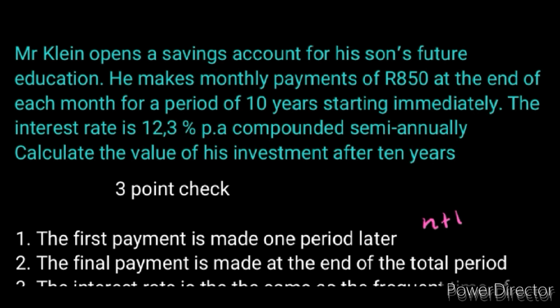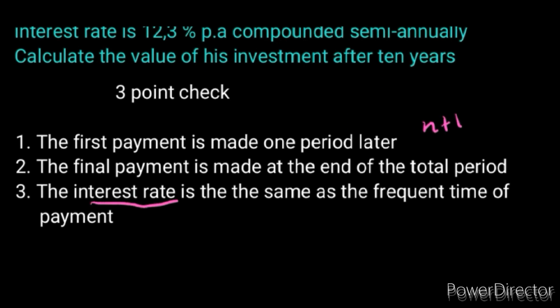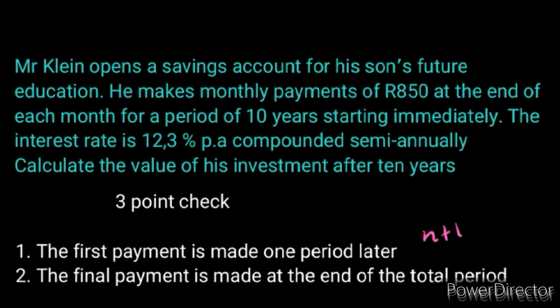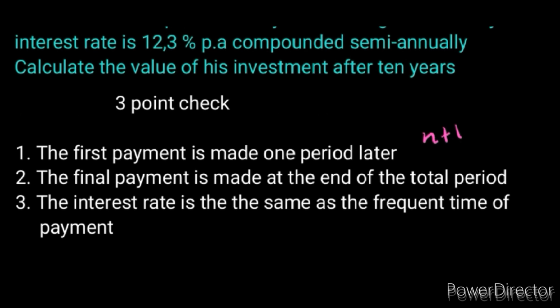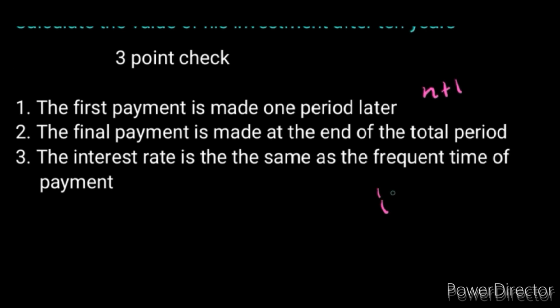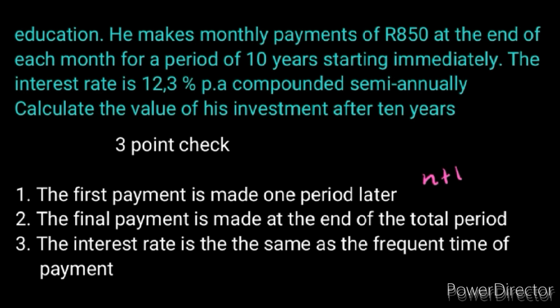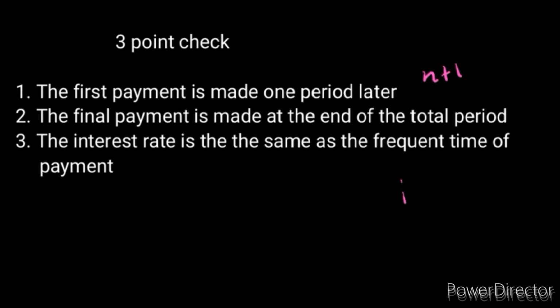Finally, we discovered that the interest rate was not the same as the payment frequency this time, so we had to convert it from semi-annually to monthly. So now we know that the monthly interest rate, the interest rate compounded monthly, is gonna be 12%.